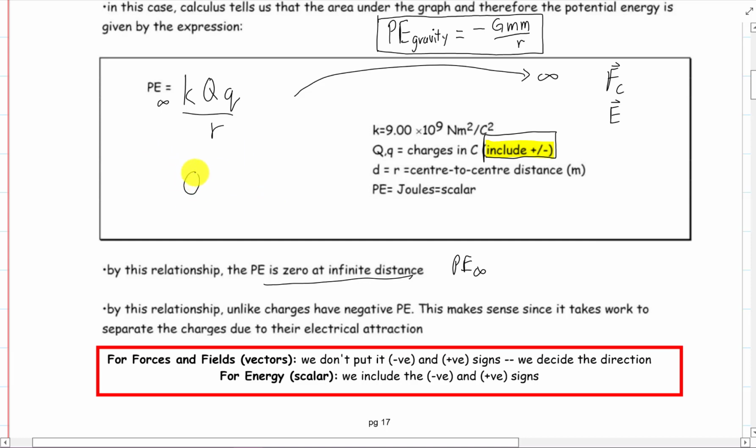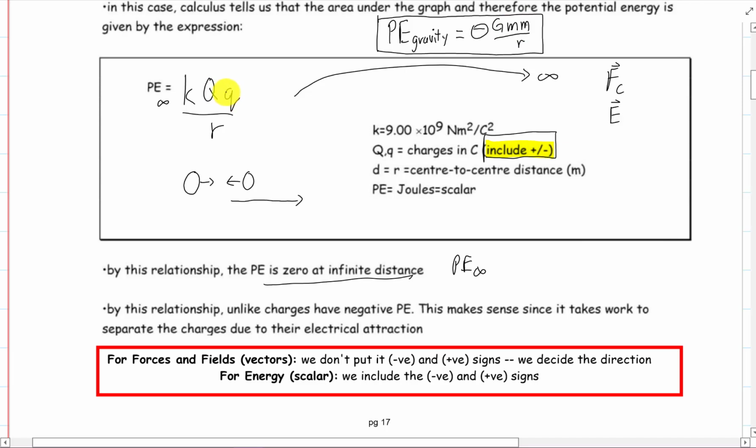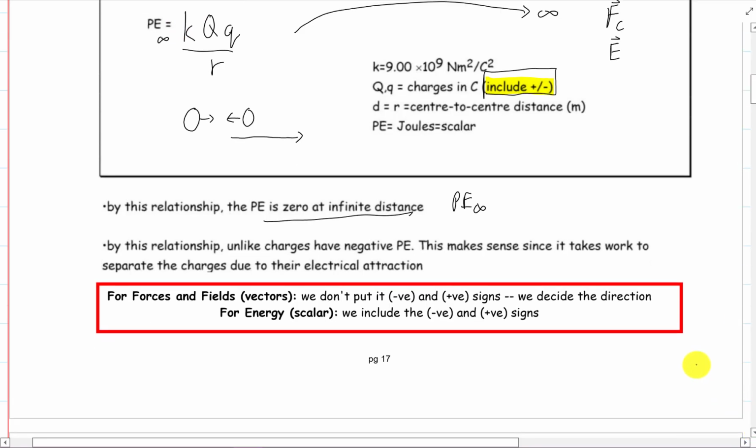When we had two objects that attracted, like masses or charges, it would take energy to push them apart. That's why gravity has a negative, because this is an attraction. To make this attraction, one of them has a negative, so that's where the negative comes out. And we have to put in our signs.